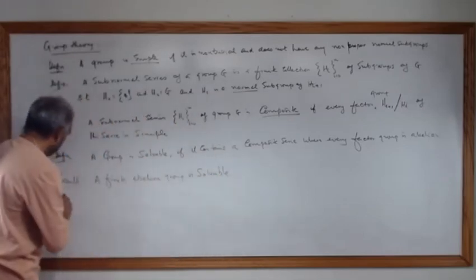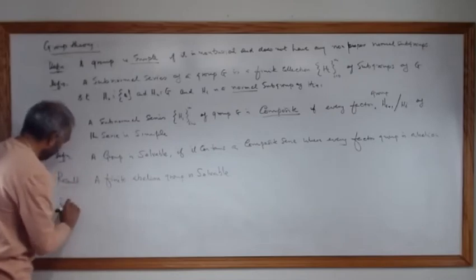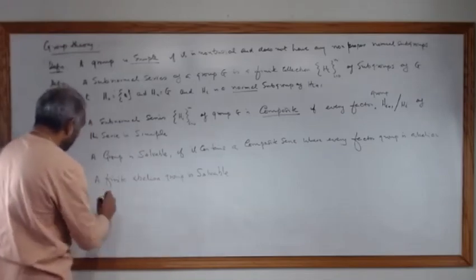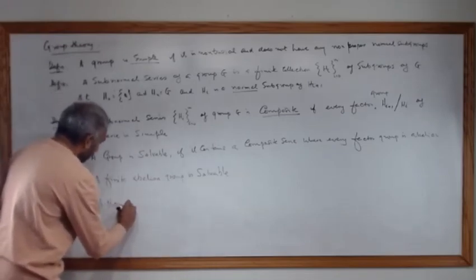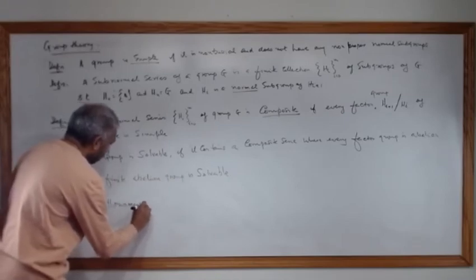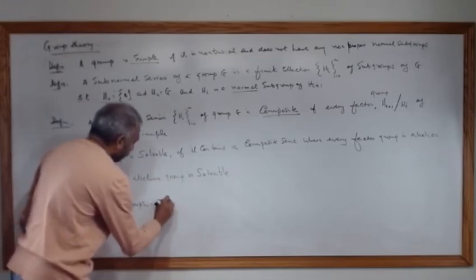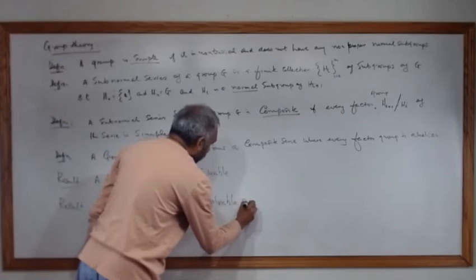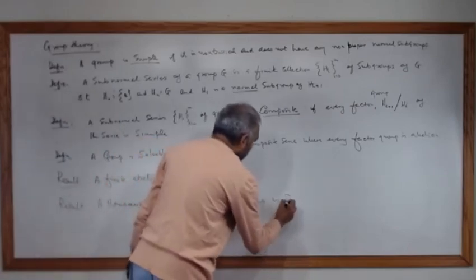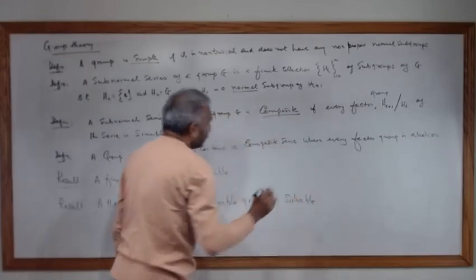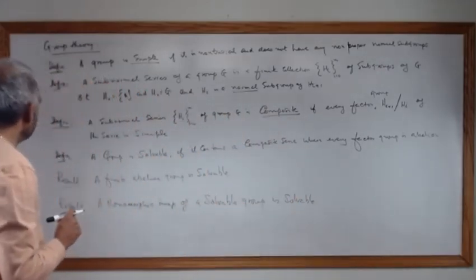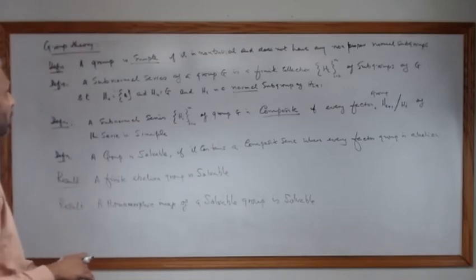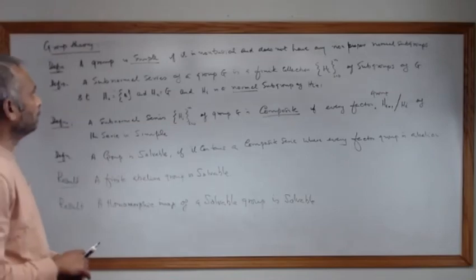Another result is a homomorphic image of a solvable group is solvable. So these are the definitions and results we need to go further on our theory of insolvability of the quintic.